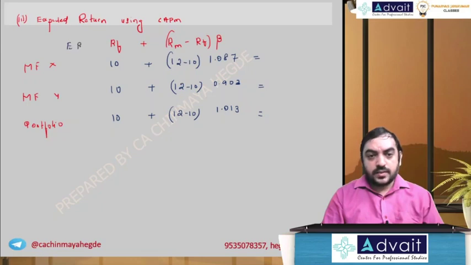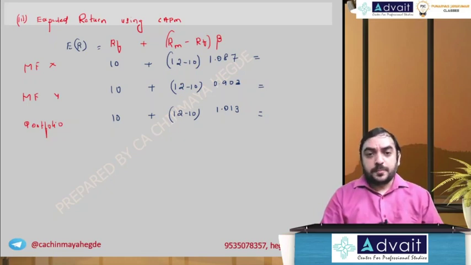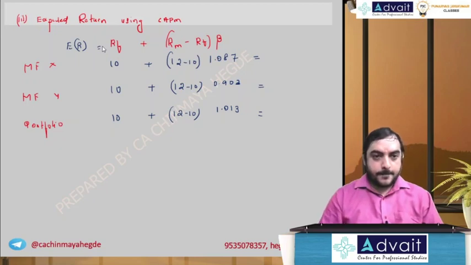You can also say ER, expected return, or cost of equity based on CAPM. So 12 minus 10, that is 2 into 1.087 plus 10, 12.174. Then 2 into 0.903 plus 10, 11.806.